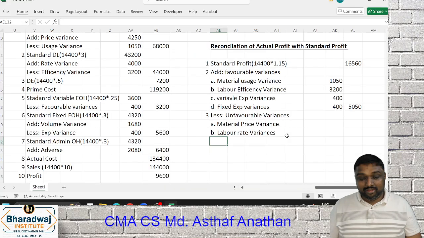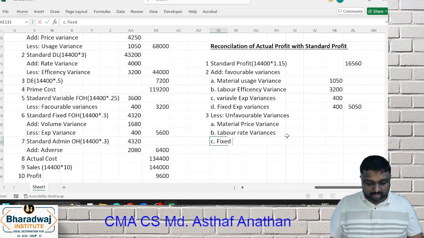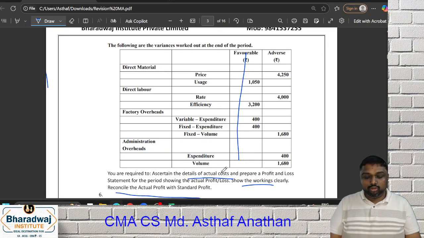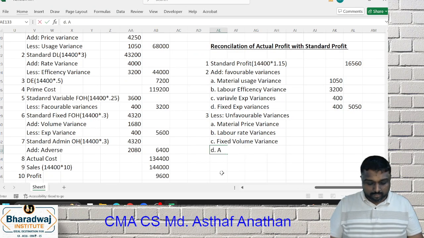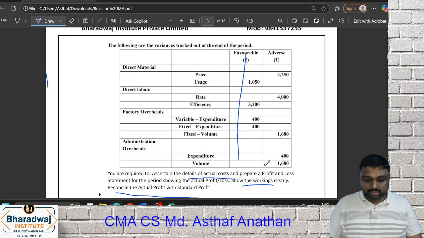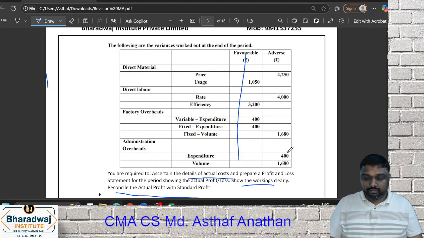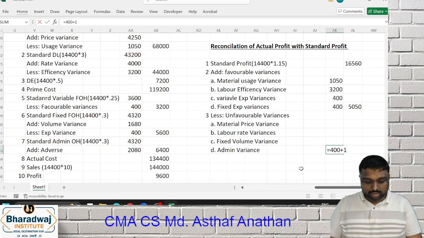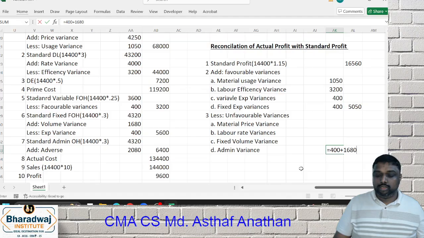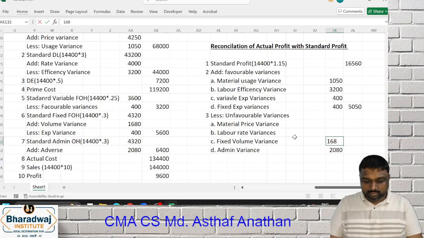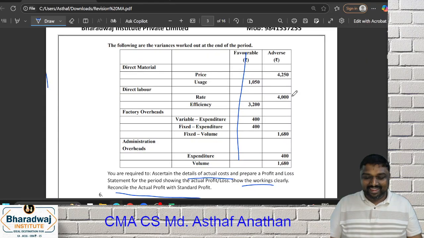Fixed volume variance, then we have admin variance. I am taking both together so we can save time. Admin variance. The reason is what? Both are adverse. So 400 plus 1060. For exam purpose, you have to show separately. Fixed volume 168. Labor rate 4000.